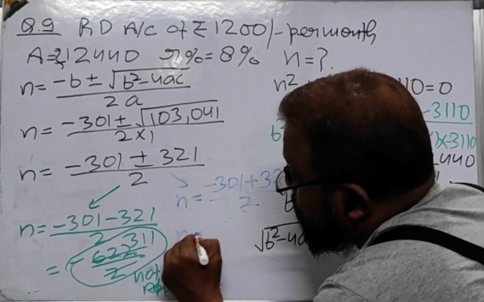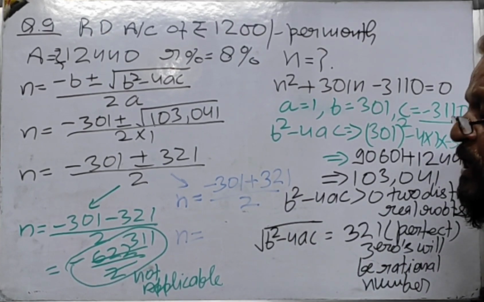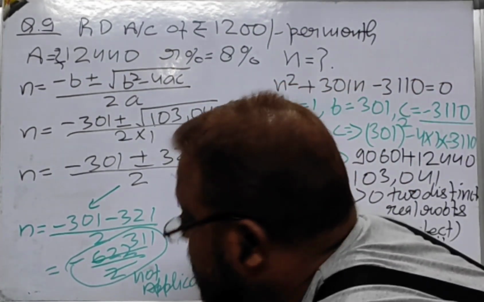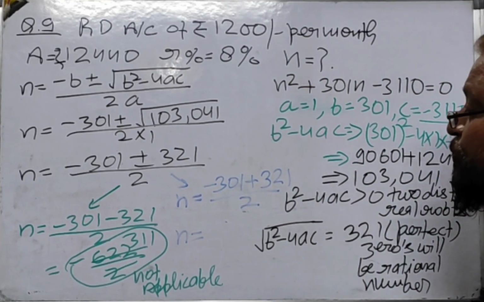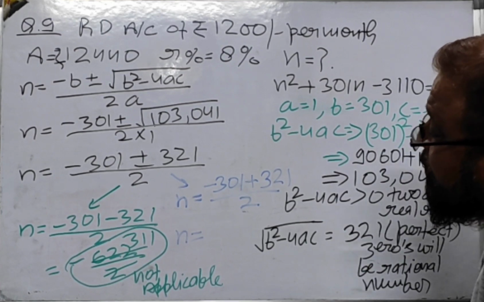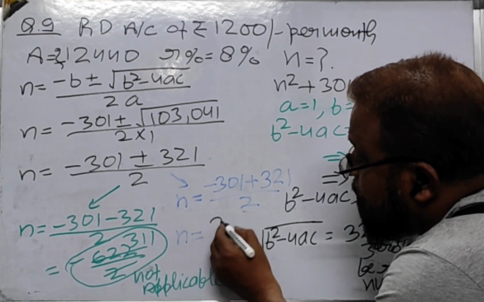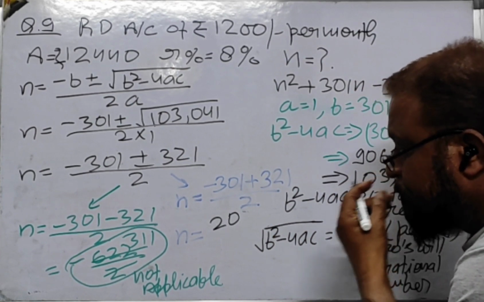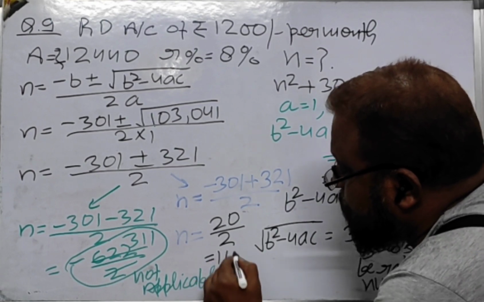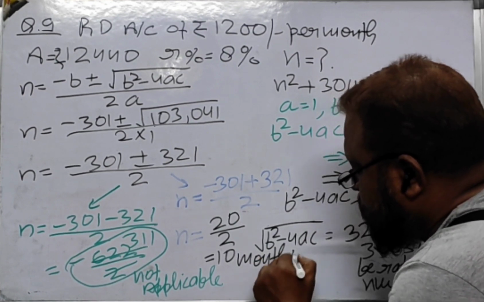So since 321 has the greater numerical value, we take the sign of plus, and 321 minus 301 becomes 20. So 20 by 2 becomes 10. So this is 10 months, right?